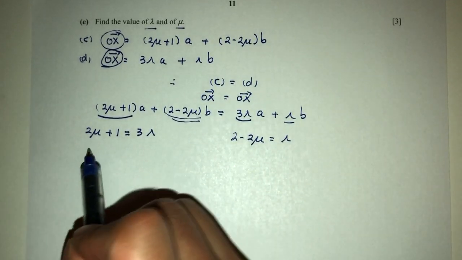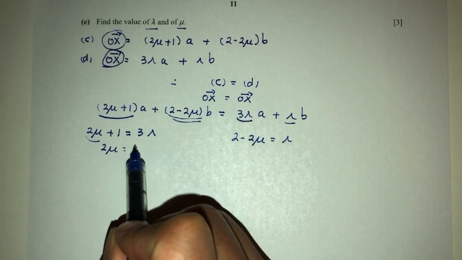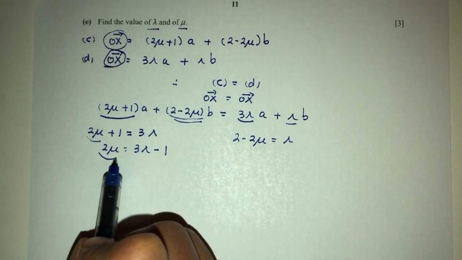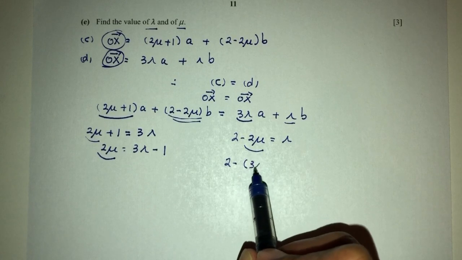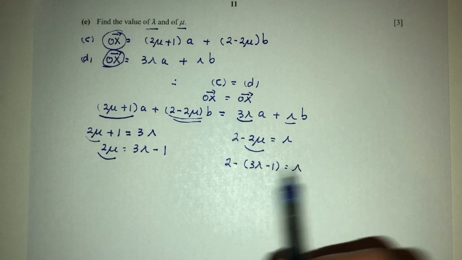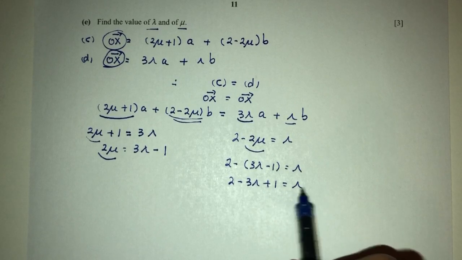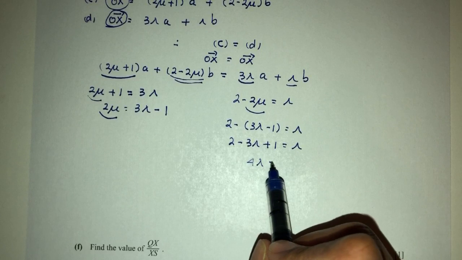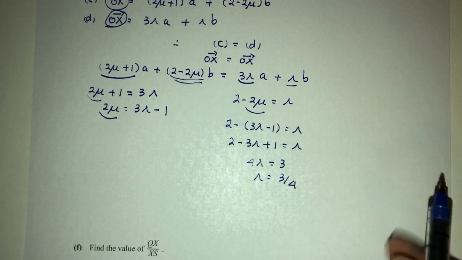Now let's solve. Let's make this the subject. So you have 2 mu will be 3 lambda minus 1. Replace 2 mu in here. You will have 2 minus 2 mu is 3 lambda minus 1. So 2 minus 3 lambda plus 1 has to be lambda. Send this over here, you will have 4 lambda. That will be 3. Lambda will be 3 over 4.